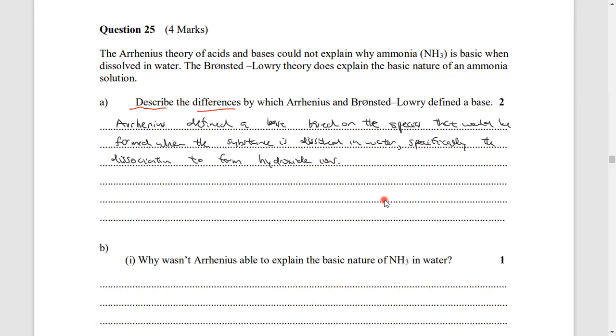Bronsted-Lowry, on the other hand, the Bronsted-Lowry definition does not depend on the species formed in solution, but just based on the fact it can accept an H+.